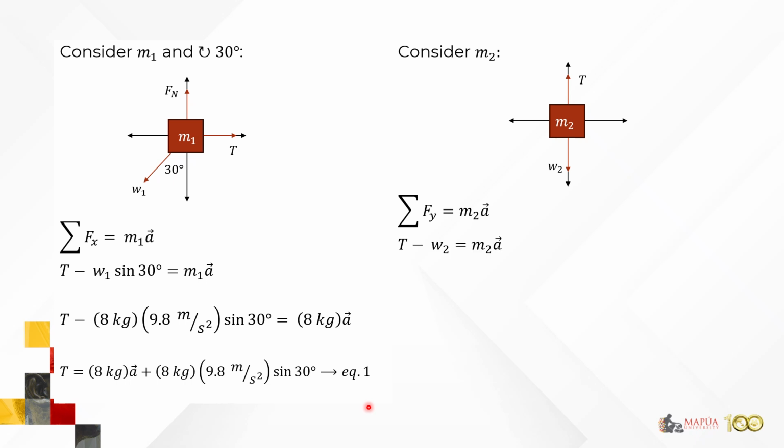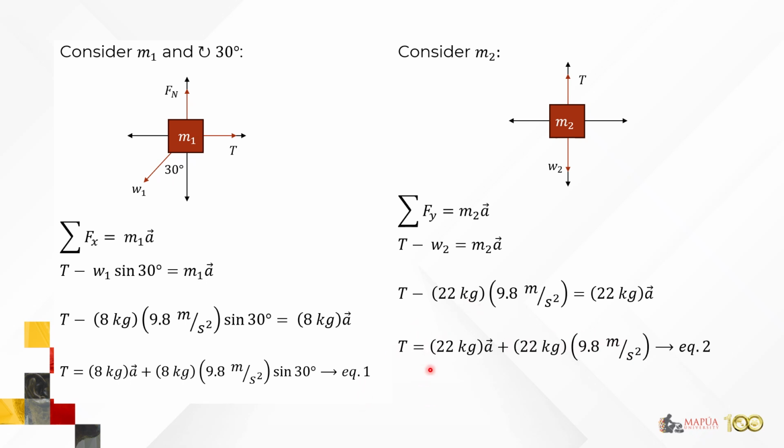Remember that T minus weight sub 2 is equal to m sub 2 times acceleration a. Then substituting our given values, remember that weight is equal to mass times acceleration due to gravity, and we'll also get that T is equal to 22 kilograms times acceleration plus 22 kilograms times 9.8 meters per second squared. So this is our equation 2.